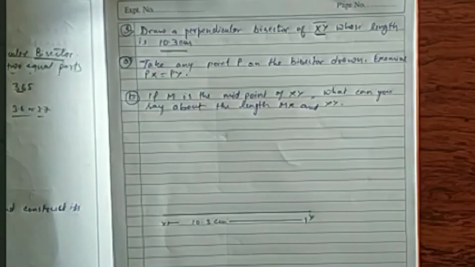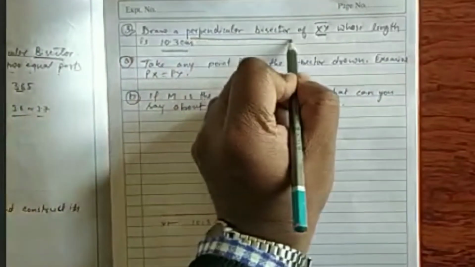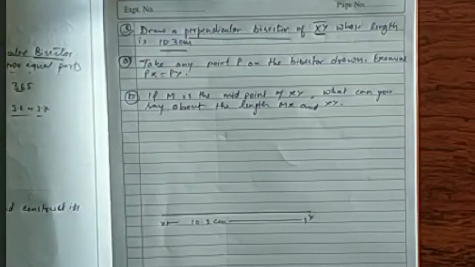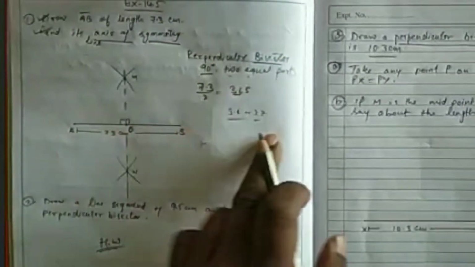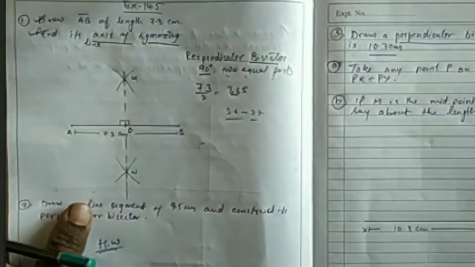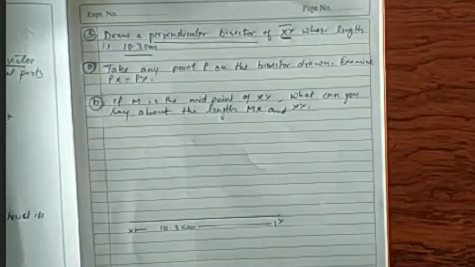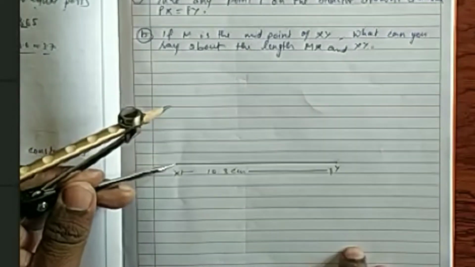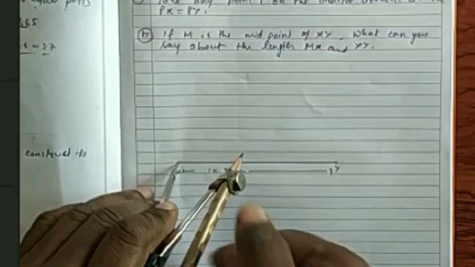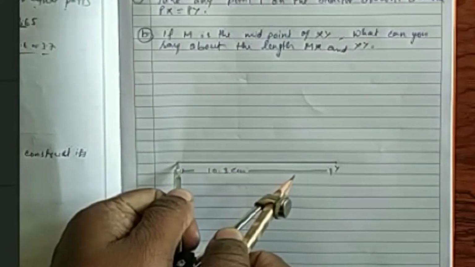Now it is saying draw a perpendicular bisector also. Perpendicular bisector, as we have drawn here. So the same thing we are going to do here also, the same steps we are going to follow. Keep the pointer of the compass at X and open more than half of it.